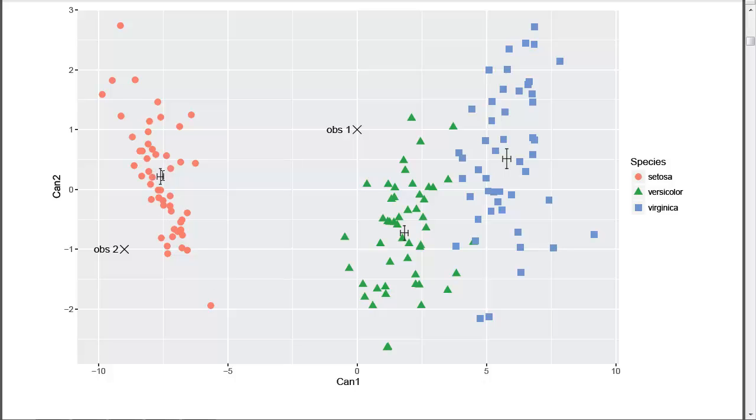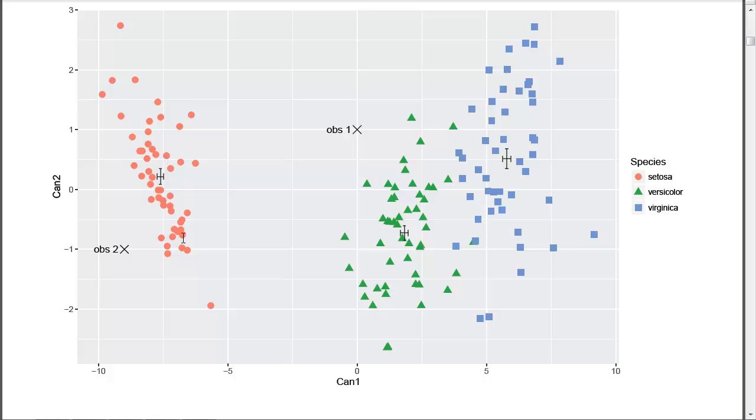For example, observation 2 is fairly far from the distribution. There's lots of blank space before there's any observations in the Setosa group. But this distance is not very long. In fact, if this observation 2 was rotated over here, it would be well within the distribution of the data.